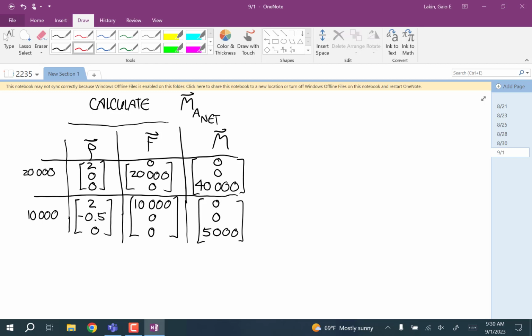And so the net moment you get from summing those, M_A net, is equal to 0, 0, 45,000.